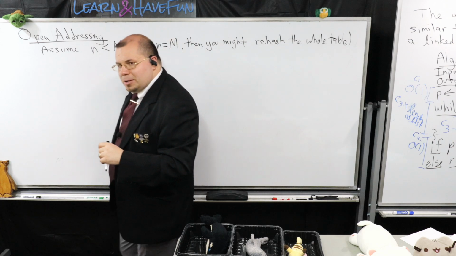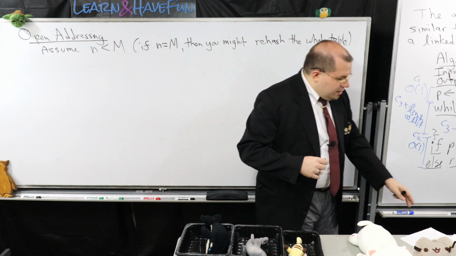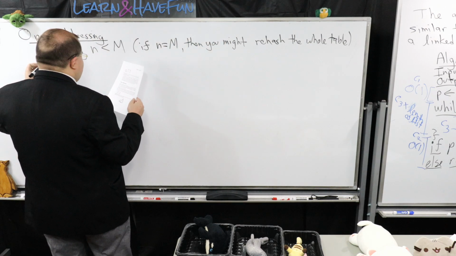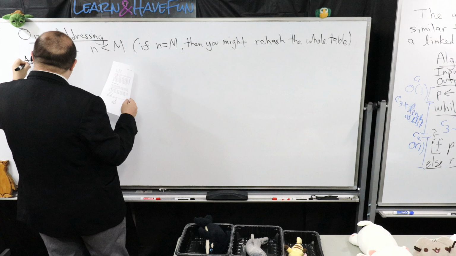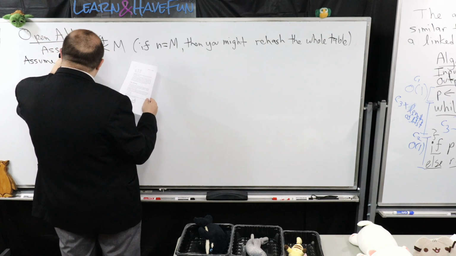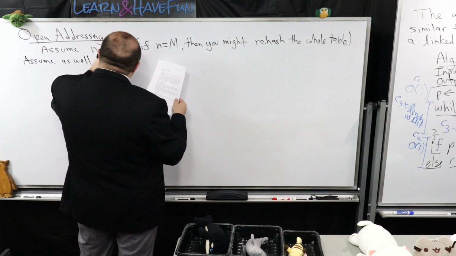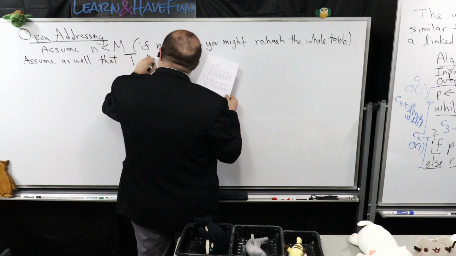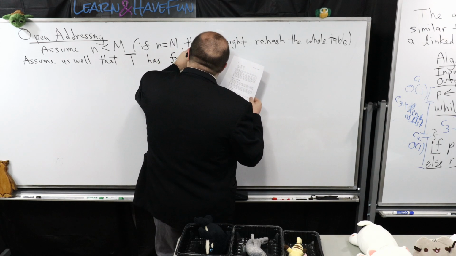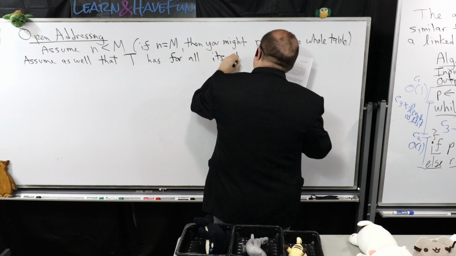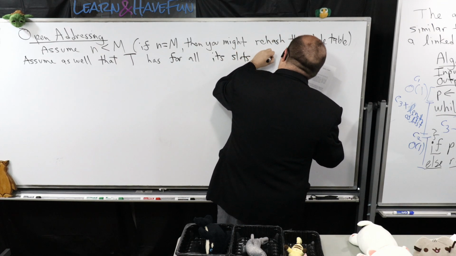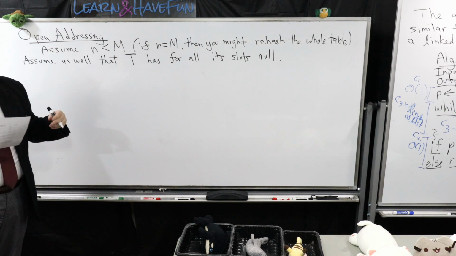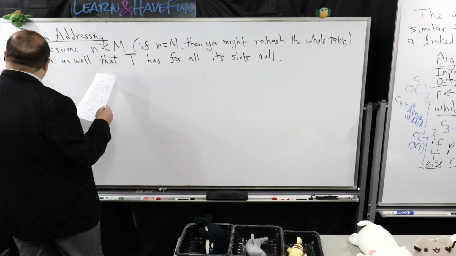But let's talk about this. Likewise, one other detail I'm going to assume as well: assume that T has null for all its slots. Finally, let's talk about the idea here. So here's the idea.